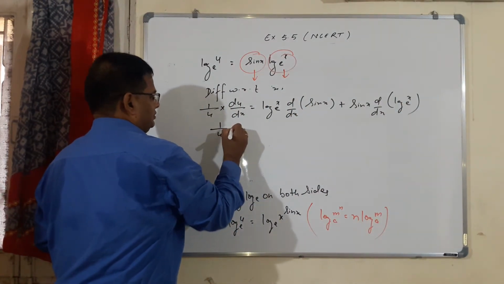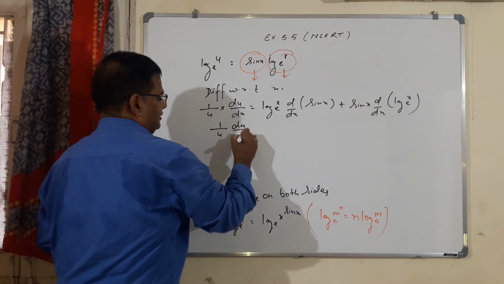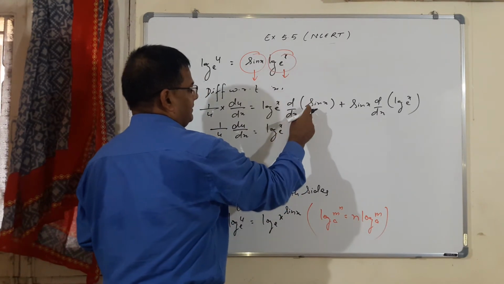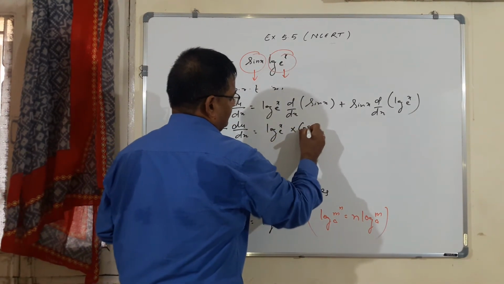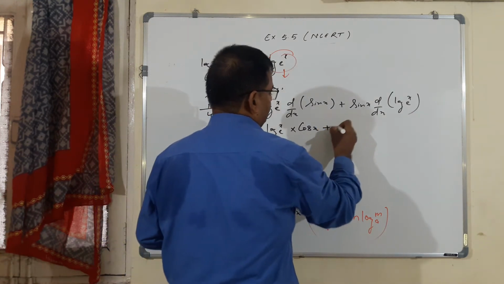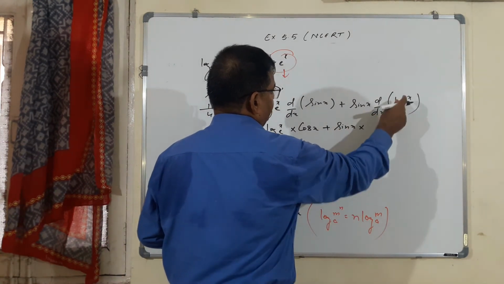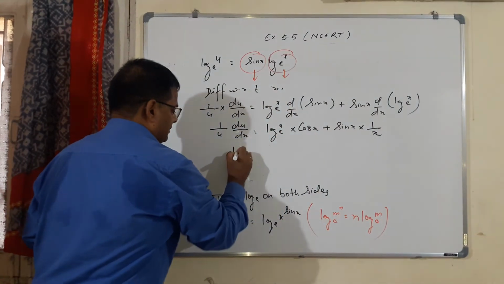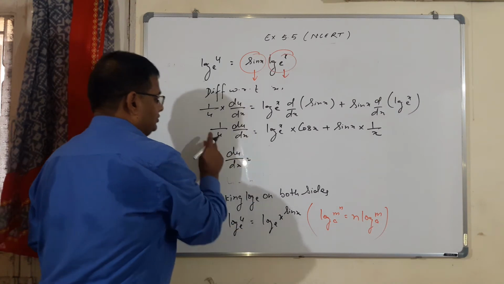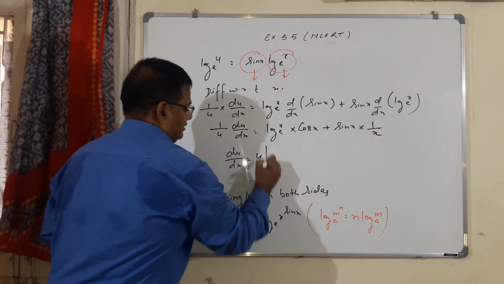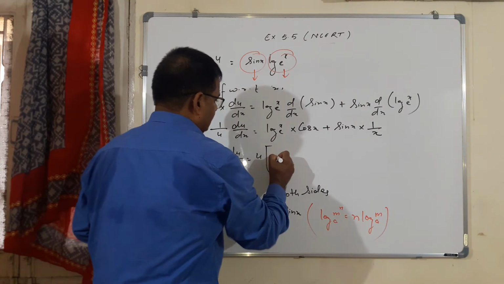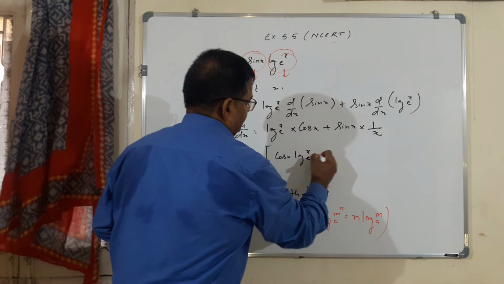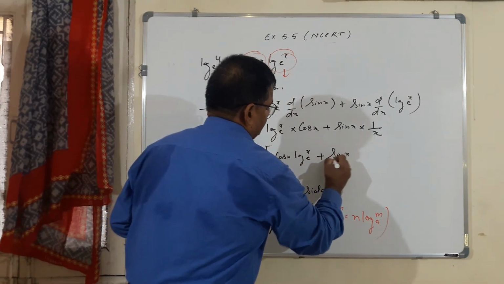So 1 by u du by dx is equal to log x to the base e into differentiation of sin x, which is cos x, plus sin x into differentiation of log x, which is 1 by x. So du by dx, cross multiplying u, becomes u into cos x log x to the base e plus sin x by x.